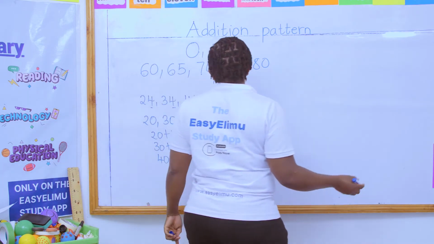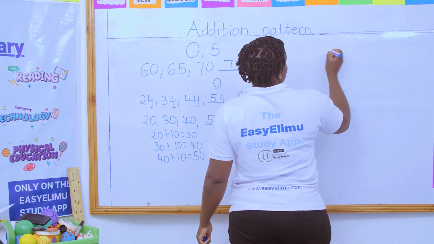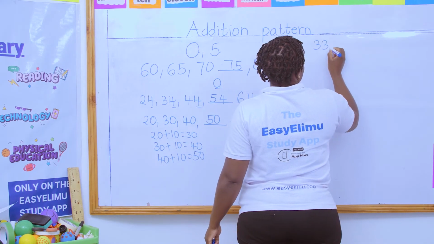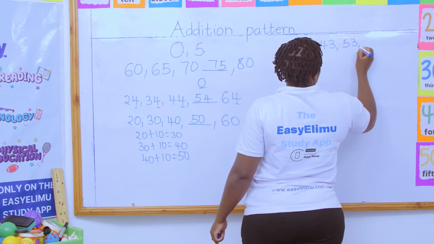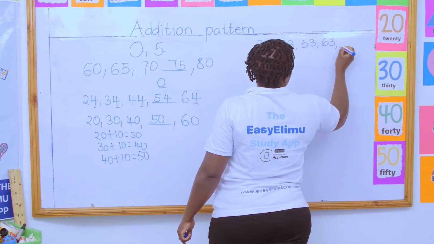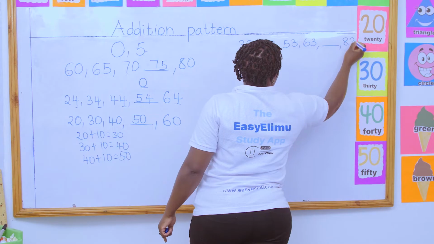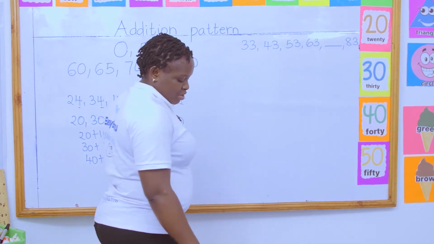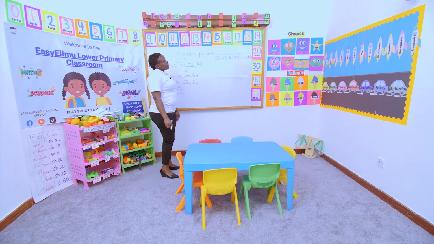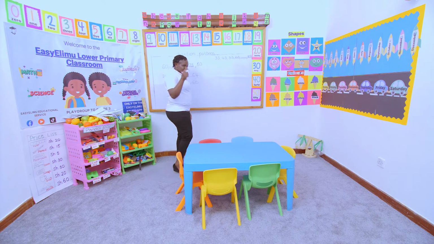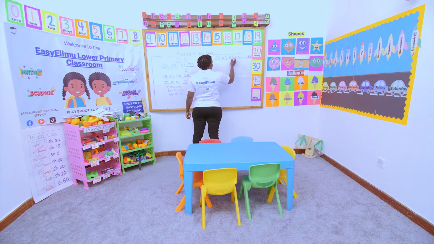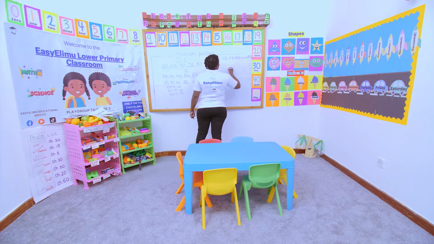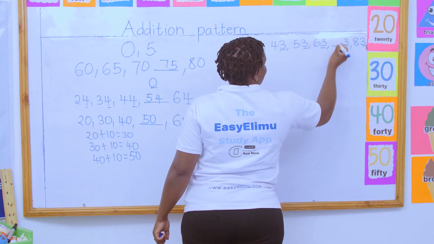What if they have given us in a different way like this? 33, 43, 53, 63, 83. What did we say? The rule for counting in tens. Counting in tens, the number ends with that number throughout. The ending number is the same in all the numbers, which means even the ending number here is 3.